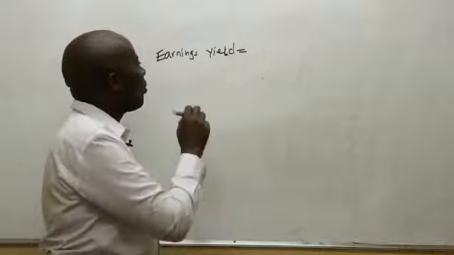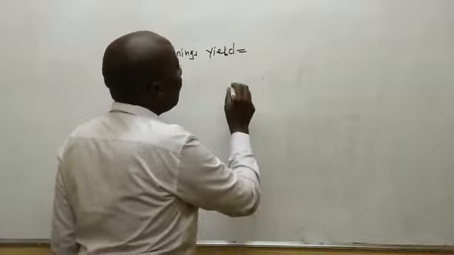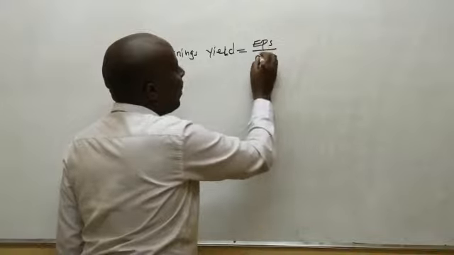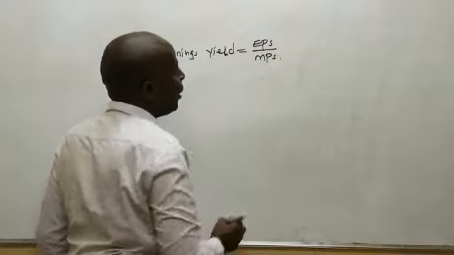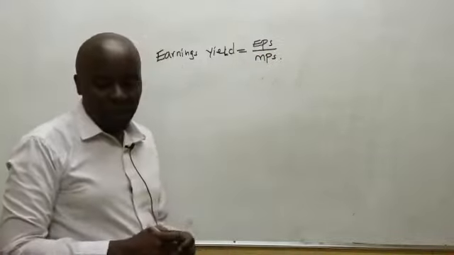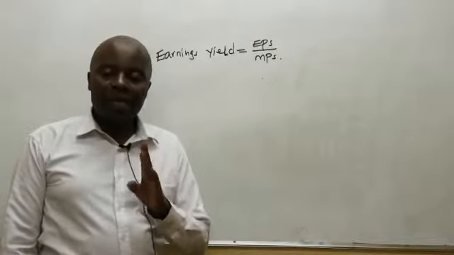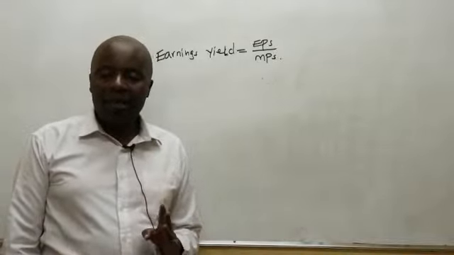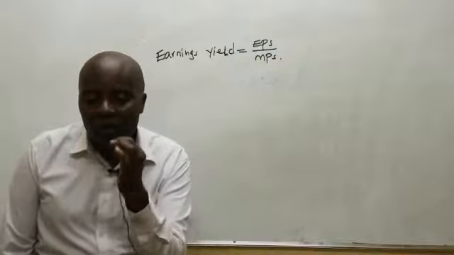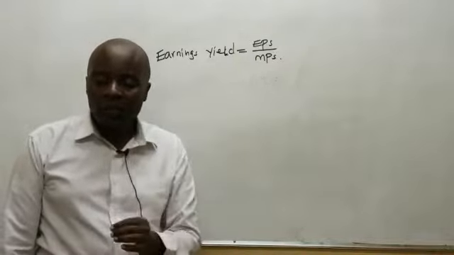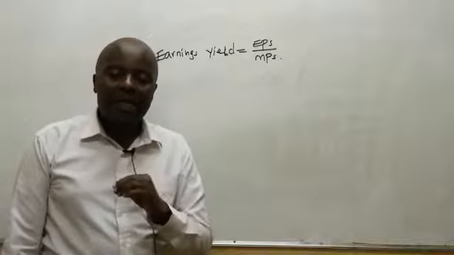So earnings yield will be equal to earnings per share all over market price per share. Earnings yield equals EPS all over MPS. Anything that has got yield has got MPS in the denominator.